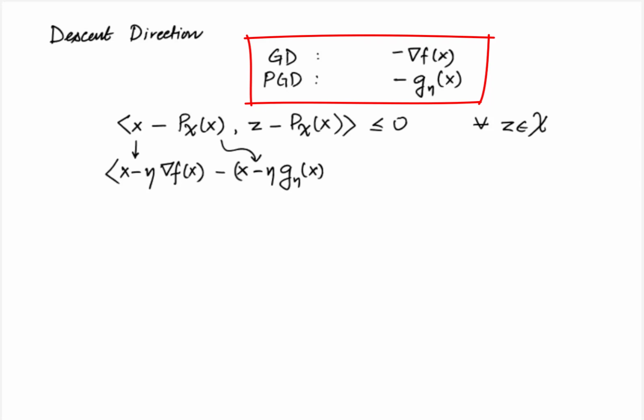So let me copy the rest of the terms. We have this inequality for all z in calligraphic X. Now we can replace z with x because we are assuming that x is already in calligraphic X, so as to obtain this inequality.